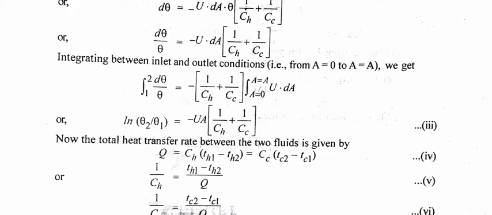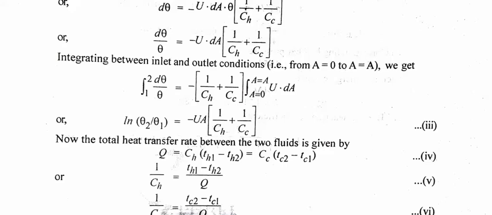The total heat transfer rate between the two fluids is given by Q is equal to Ch into Th1 minus Th2, which is equal to Cc into Tc2 minus Tc1.